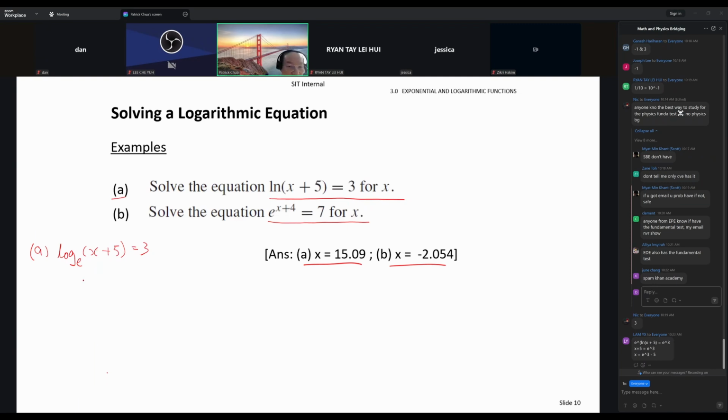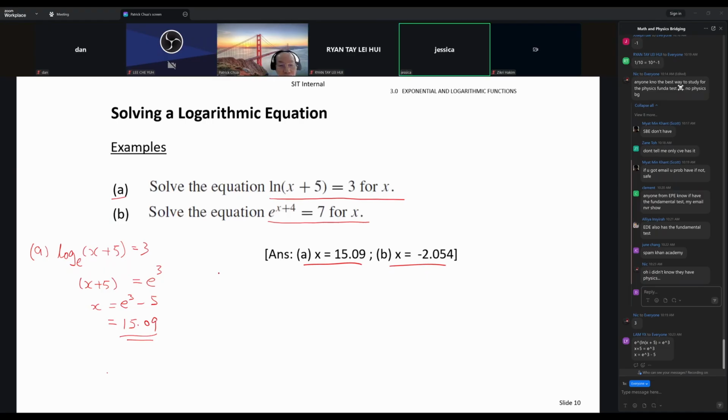Therefore x equals e cubed minus 5. You can use a calculator, e is 2.718, and you should get 15.09. Just two or three steps and you get the answer already.